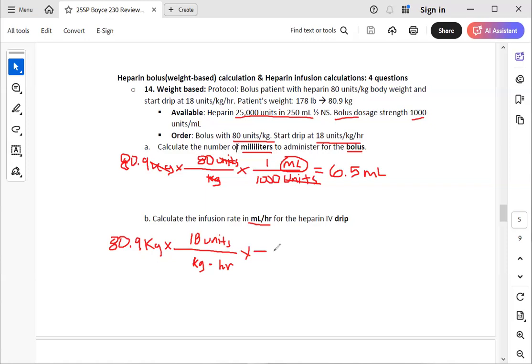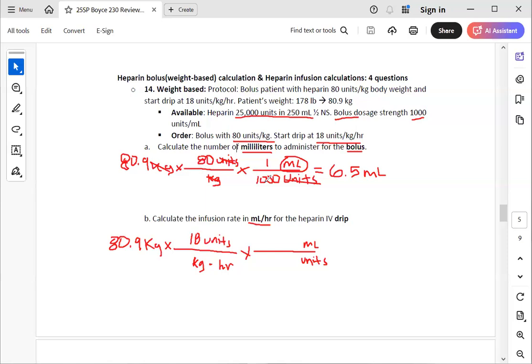Now, again, I don't want units in my final answer, so I need to get rid of units and convert it to milliliters, and we do have a way to do that. Now, a number of students will goof this one up, and they'll use the 1 milliliter over 1,000 units. That's not what you want to use.